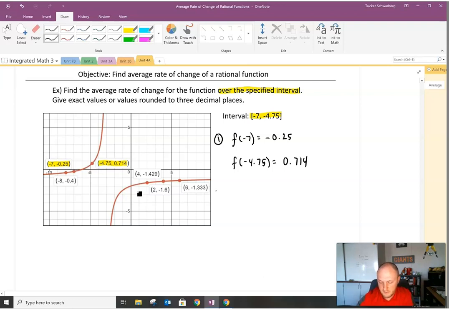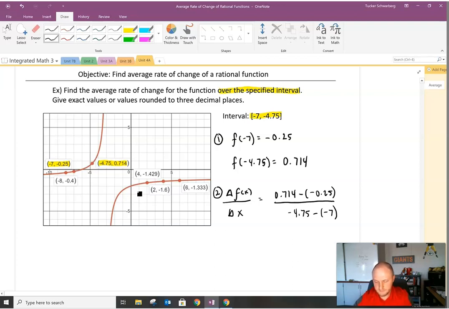Next, I can go ahead and just calculate delta f of x, or your delta y's. Okay, so my numerator, we have 0.714 minus negative 0.25, over negative 4.75 minus negative 7. Okay, and don't drop those negatives. Be careful.